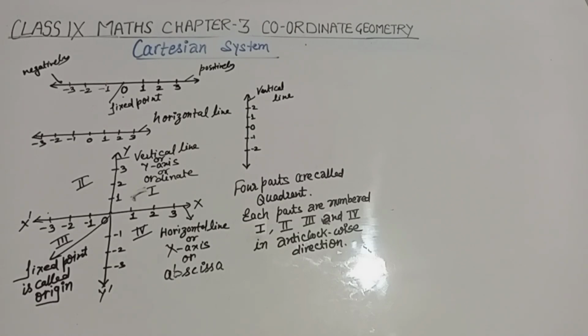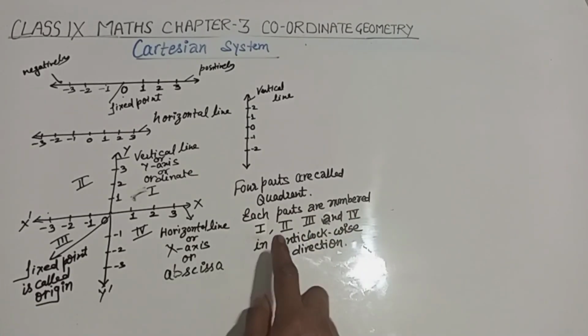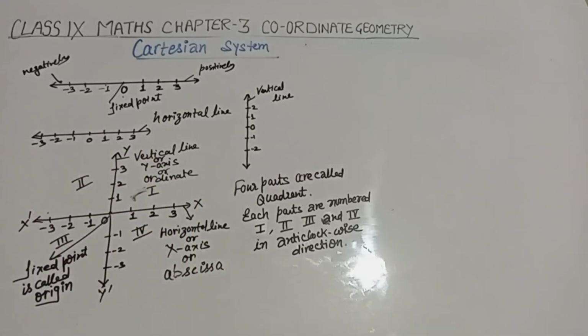So four parts are called quadrants, and each quadrant is numbered from one: first, second, third, and fourth, in the anti-clockwise direction. Now what is the sign of each part?